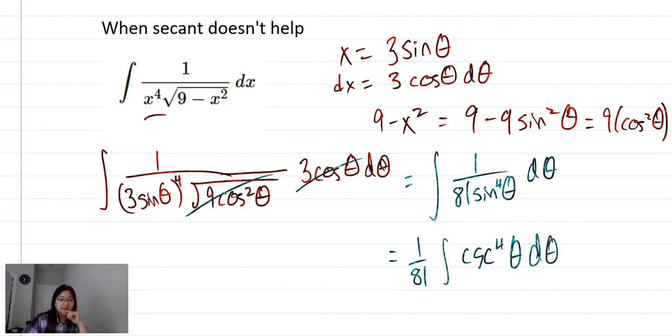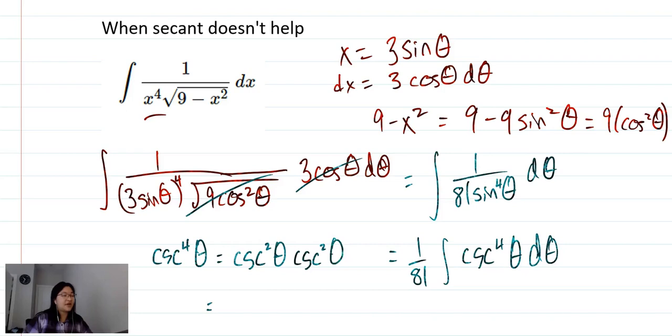And then can we deal with that maybe, if we factor that a little bit? So cosecant to the 4th is going to be cosecant squared times cosecant squared, right? And then cosecant squared, let's see, we have sine squared plus cosine squared is 1.